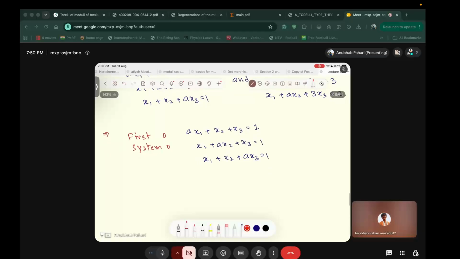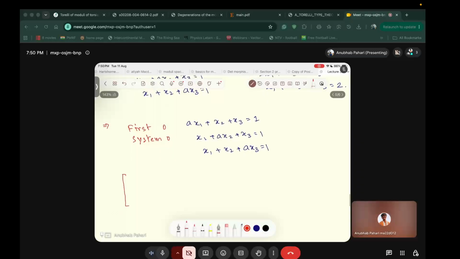Now, first we take the augmented matrix: 1, a, 1, 1, a, 1, and on the right side it will be 1, 1, 1.